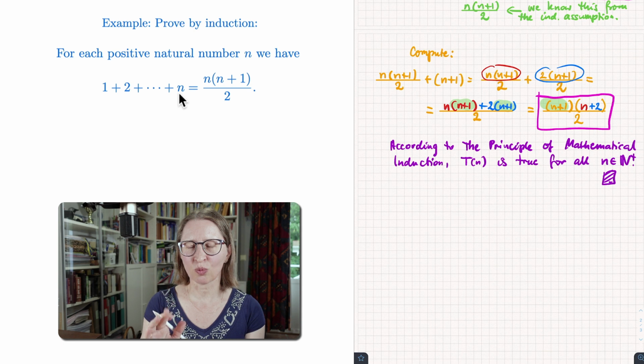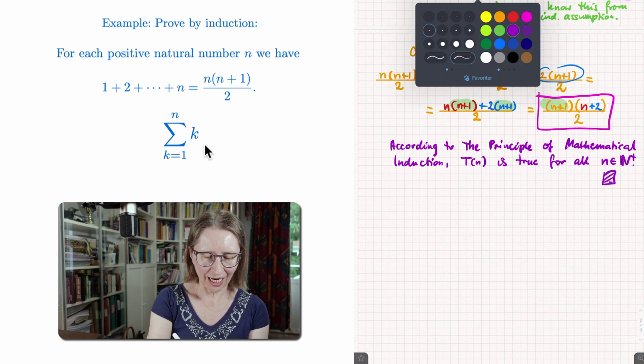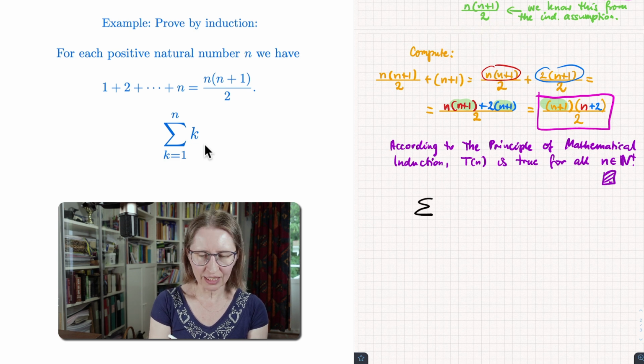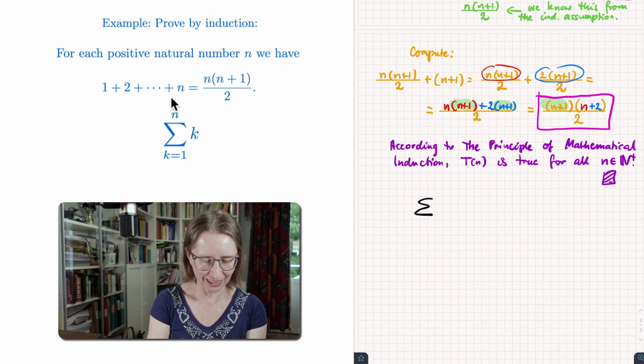And just one more thing I wanted to show you. Sometimes you use this sigma notation, and sigma is standing for sum. So this means the sum of all the numbers k with k from 1 to n. So in order to write down what it means, this is a short notation for the same as here, for this left-hand side.